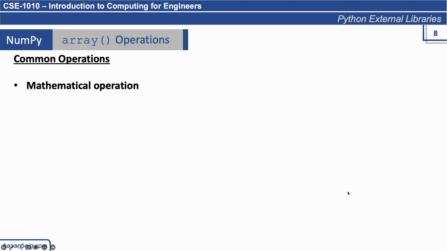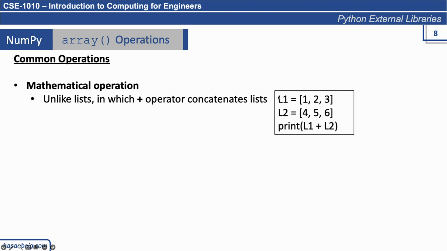Mathematical operations. If you have to perform some mathematical operation, unlike lists, in which the plus operator concatenates lists. So when you have two lists, L1 is 1, 2, 3 and L2 is 4, 5, 6, print L1 plus L2 would give you the result 1, 2, 3, 4, 5, 6. It concatenates the two lists. Again, this is important from your exam point of view. You need to look at what operation is being performed.